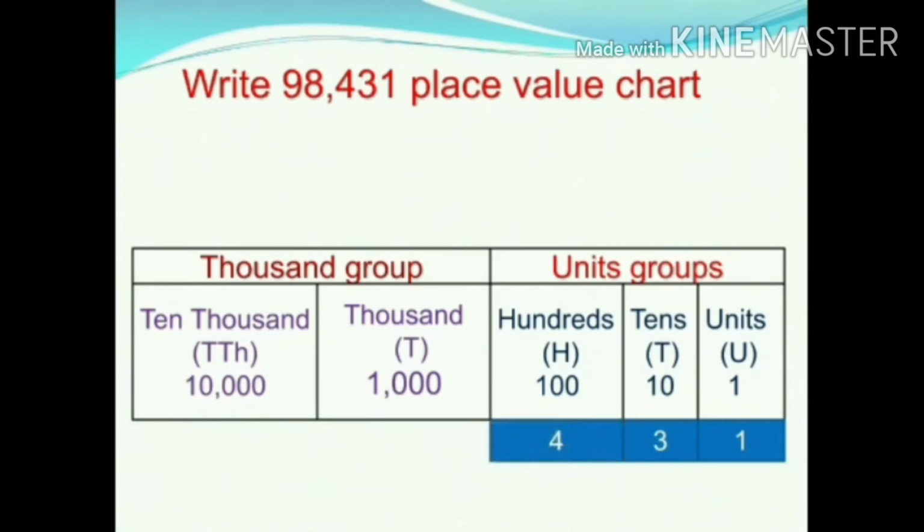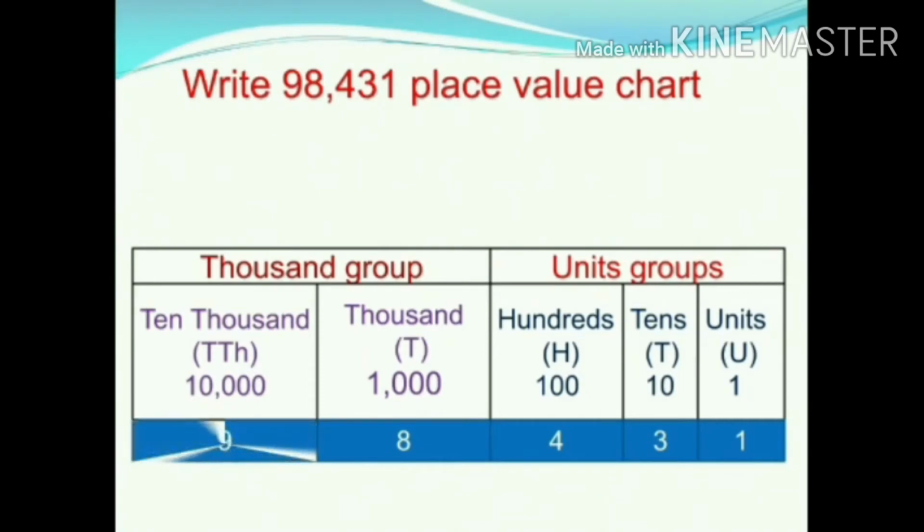Now the fourth number is 8. The fourth place is thousands. So we should write 8 in the thousands place. The fifth number is 9. Which is the place in the place value table? Yes, the fifth place is 10,000. So we will write 9 in the 10,000 place. We read it as 98,431.